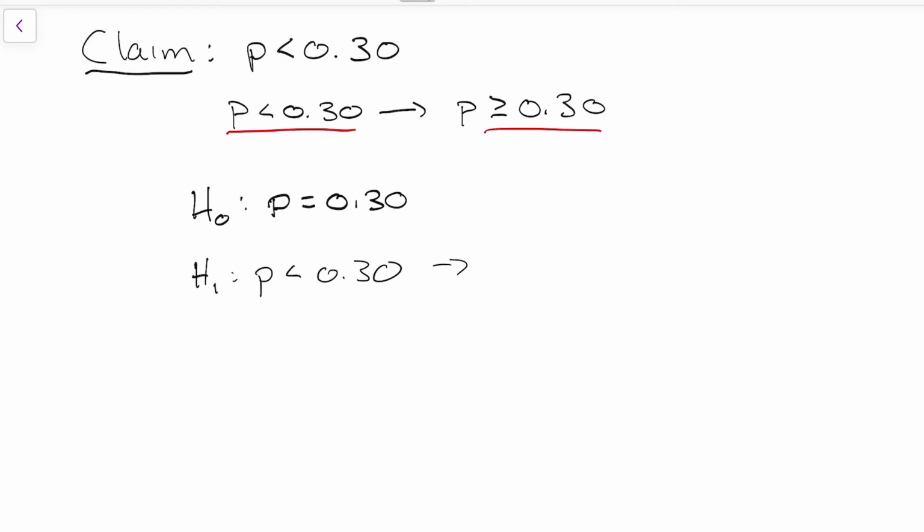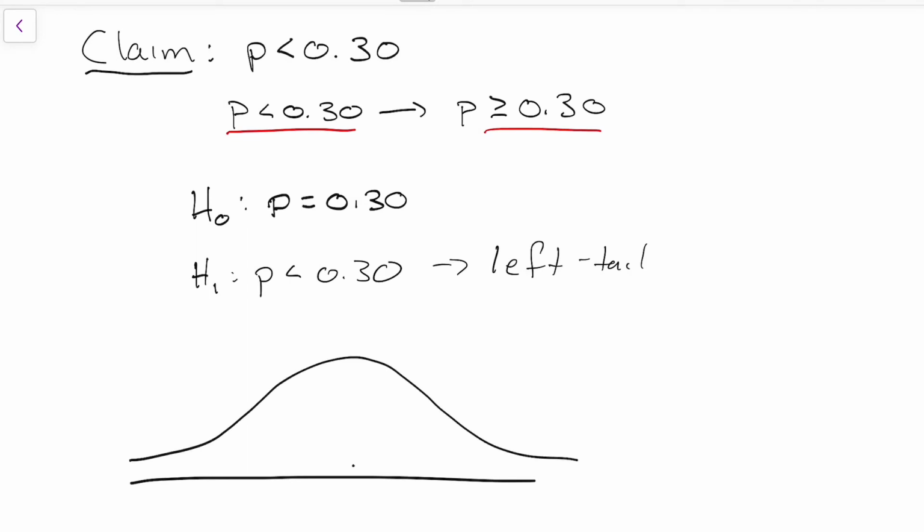This tells us, because it is less than a value, that we're going to have a left-tailed test, that all of our significance value of 0.05 is going to be all the way to the left of our value. We can draw our standard normal curve, 0, and because I have a left-tailed test, I want a z-score where the area all the way to the left is my significance level alpha of 0.05.